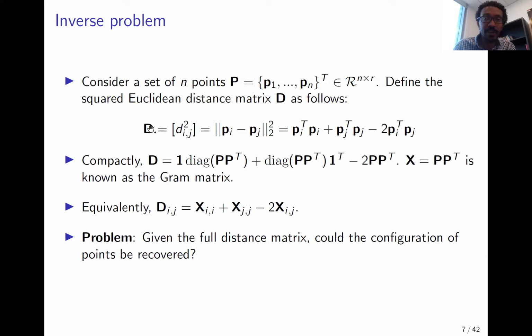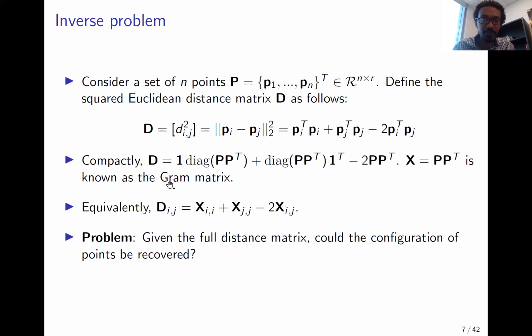In fact, we can write this distance matrix D compactly in the following way. If we write it this way, we can see that there is a certain relationship that emerges, and that is that D depends on the matrix PP transpose. This PP transpose matrix is known as the Gram matrix.